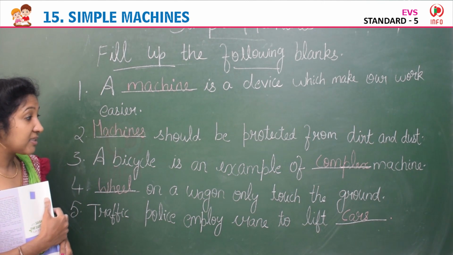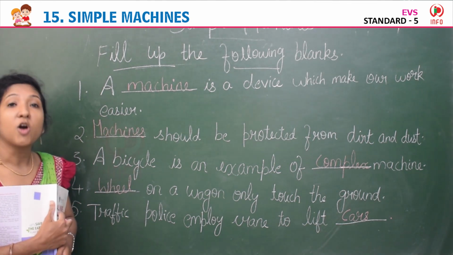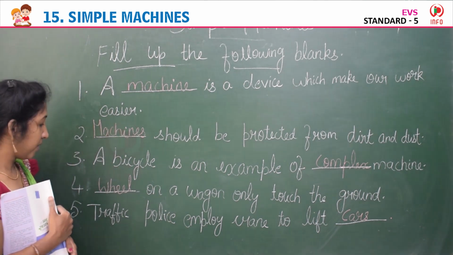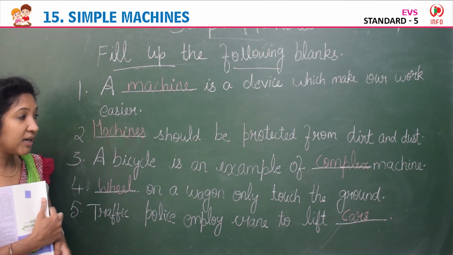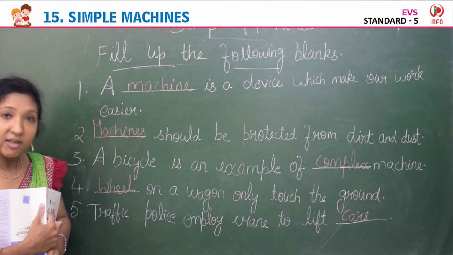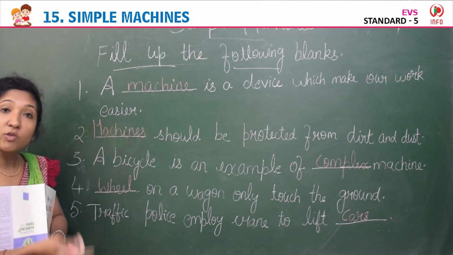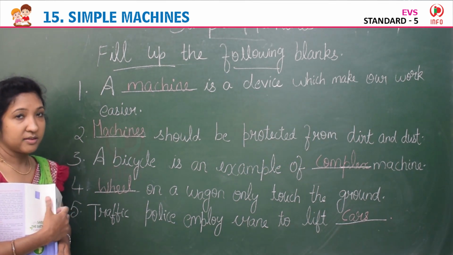Third question, a bicycle is an example of complex machine. Wheel on a wagon only touch the ground. Traffic police employ crane to lift cars. Okay.